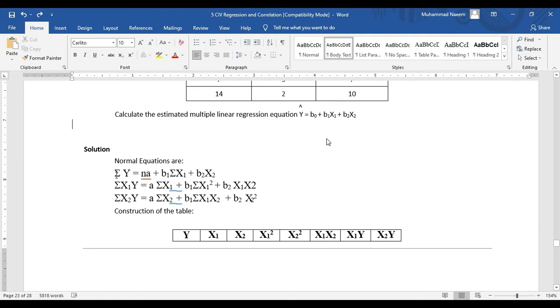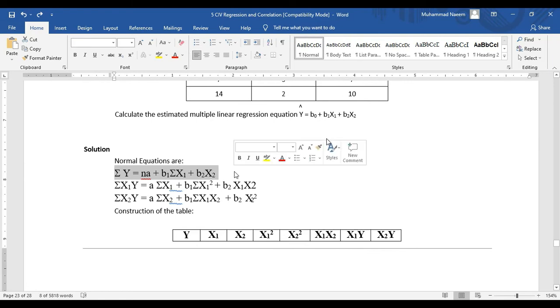So, as we have a single constant, for this constant directly apply sigma to the original equation. We have sigma y; sigma b naught means it becomes n times b naught.